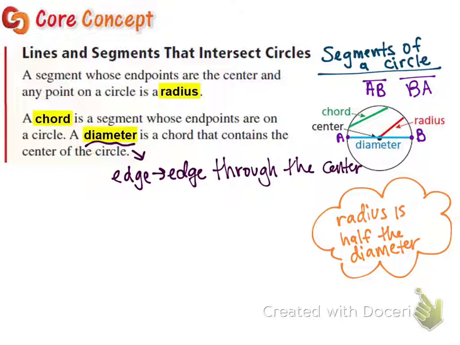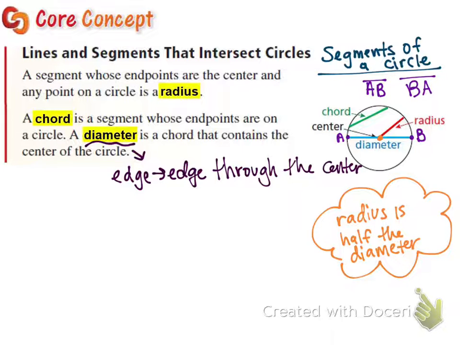Diameter goes edge to edge through the center, which means it has two radiuses, radii. And obviously in reverse, that means the diameter is double the radius, both ways, which we'll talk about later on in a section. But those are your segments.